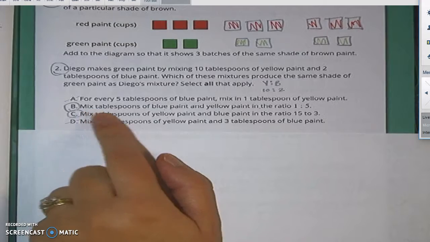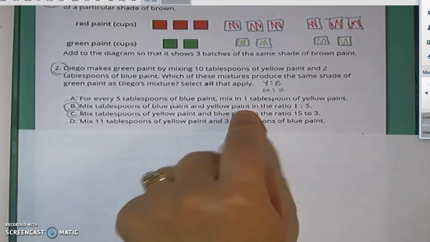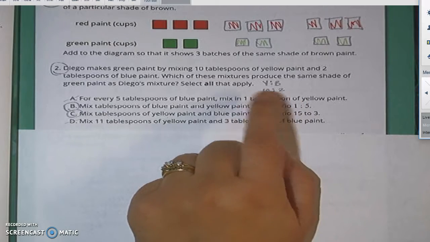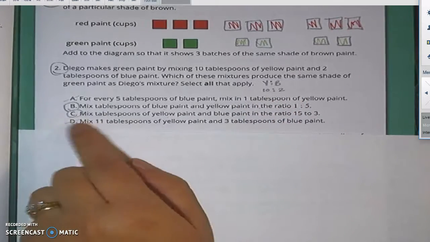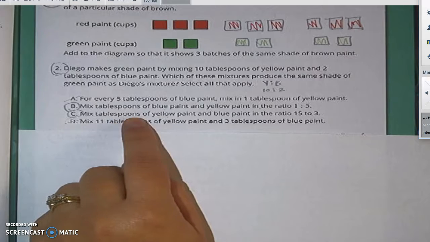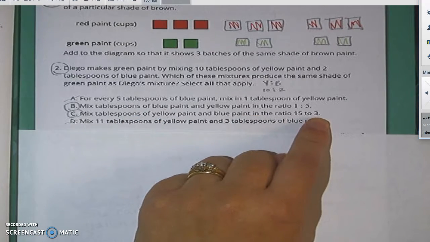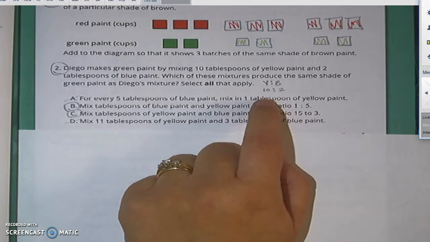B was correct. Mix tablespoons of blue and yellow in the ratio of 1 to 5. So going blue to yellow, that would be equivalent. C was also correct. Mix tablespoons of yellow paint and blue paint in the ratio of 15 to 3.